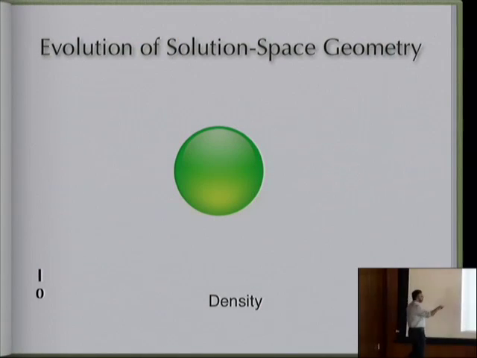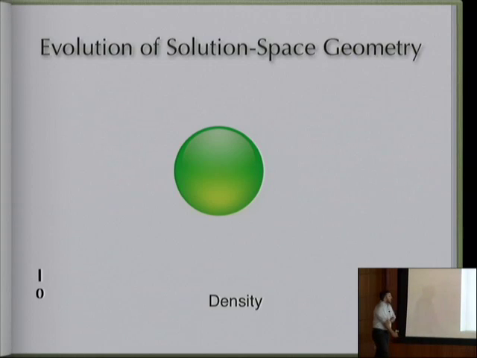So on the horizontal axis, I'm going to have the density of the constraint satisfaction problem. And think of this as some kind of an indicator in a video that plays. So in the beginning, when there's no constraints, everything is a solution. And the set of solutions is typically some kind of nice convex set. Where by convex, what I mean is if you take two elements in the set, there is a shortest path connecting them that's fully in the set.